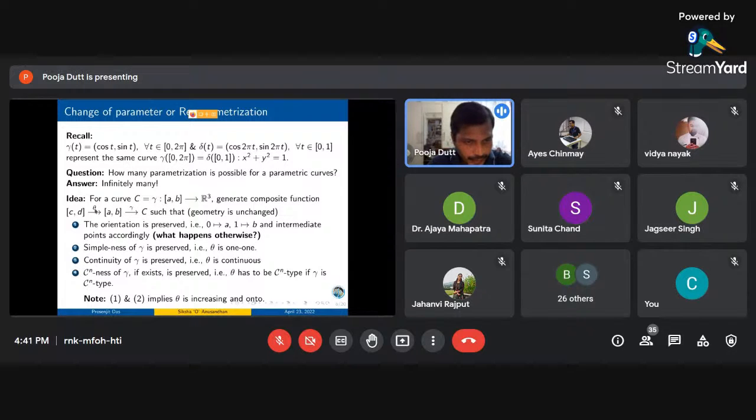Then theta is a function, and you compose that with gamma. So you have gamma composed with theta, which would be a function from CD to the curve C. Note that the points on gamma, that means the curve C, or gamma of the interval, do not change. Why? It is the following.